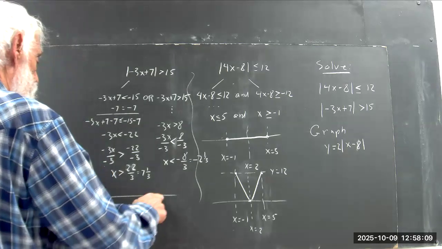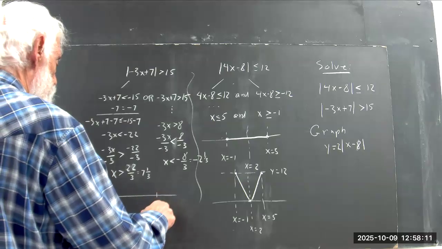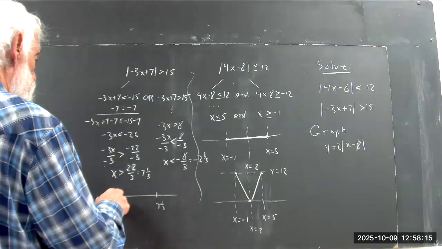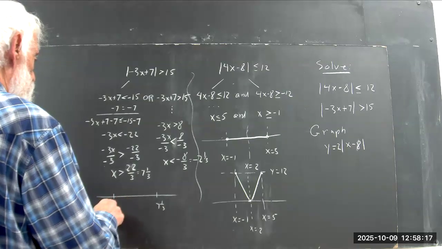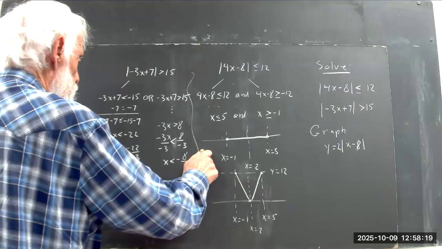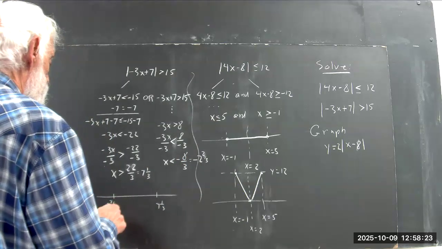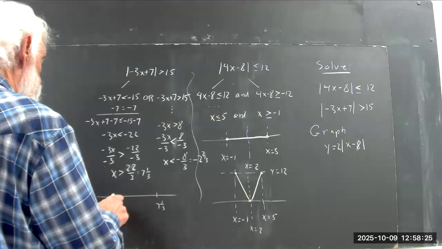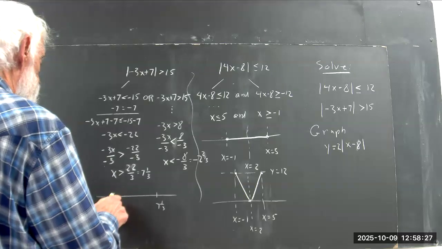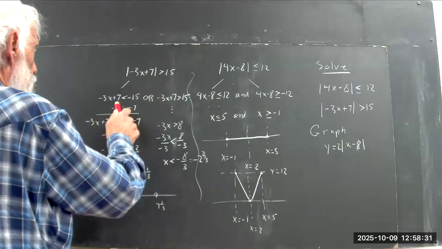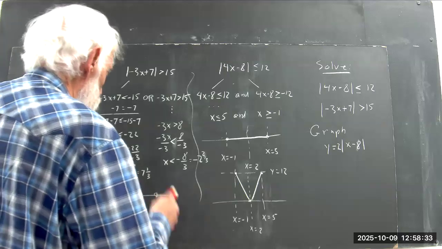Okay, so we've got seven and a third. You got -2, should be 2/3. It's a greater than, so all our inequalities will be greater than or less than, no equals.